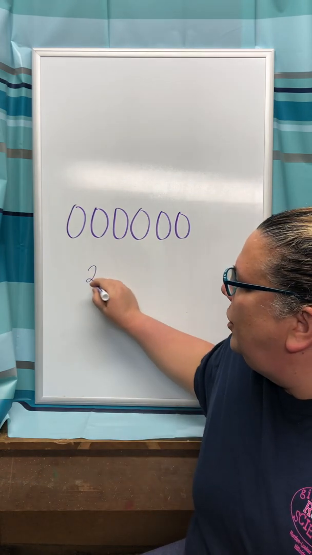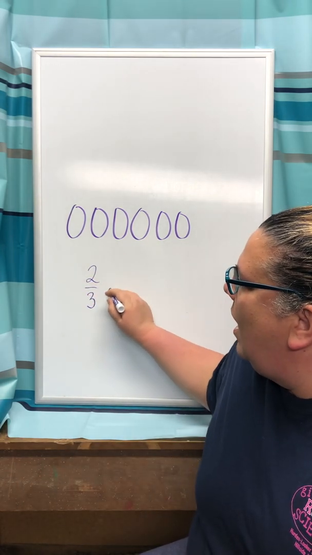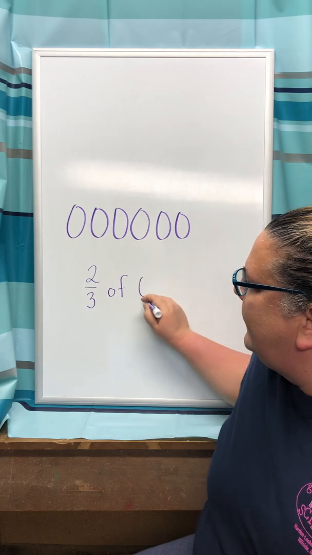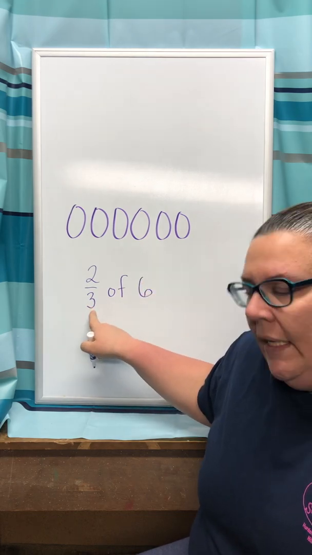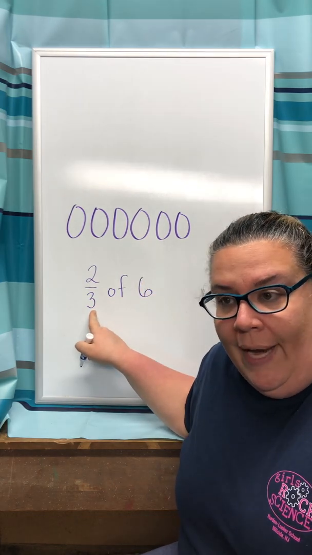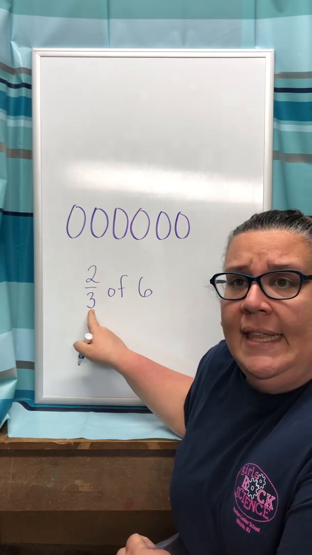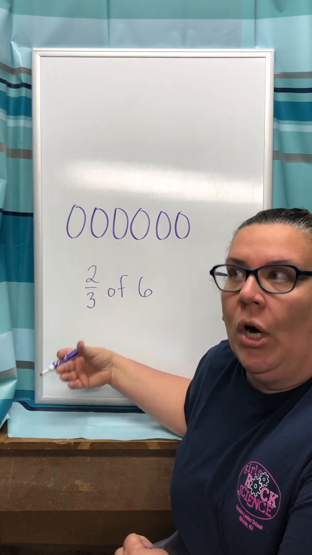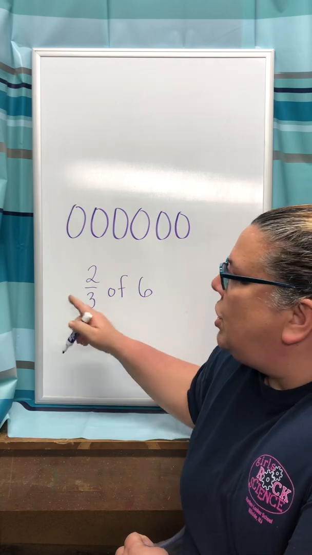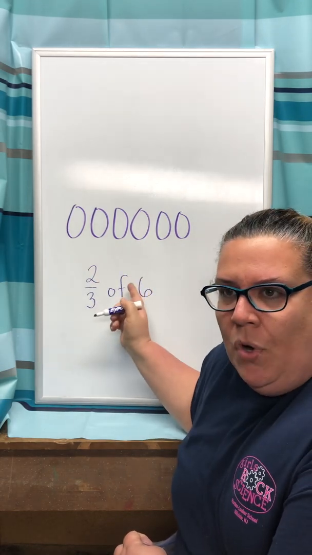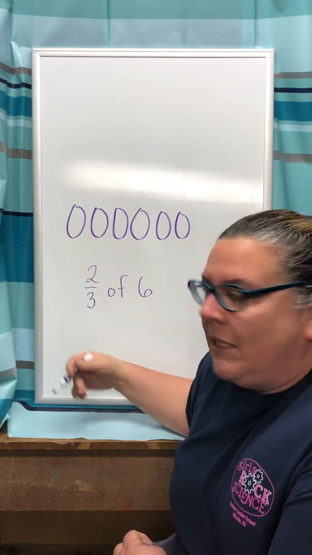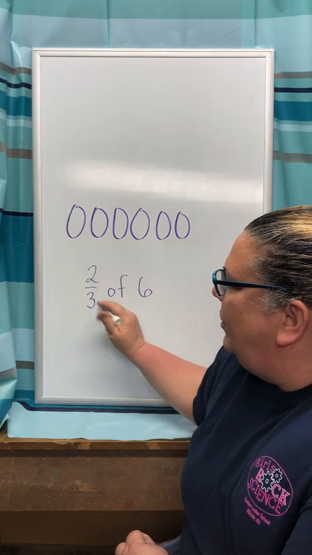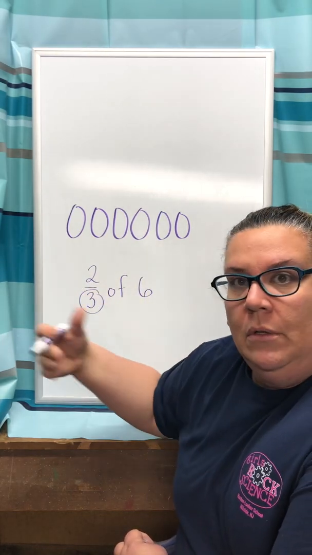So we're doing 2/3 of 6. When I look at the denominator 3, what I remember is that the denominator tells me how many parts make up the whole. So if there are 3 parts that make up the whole, but I have 6, I'm going to separate it into 3 total groups.